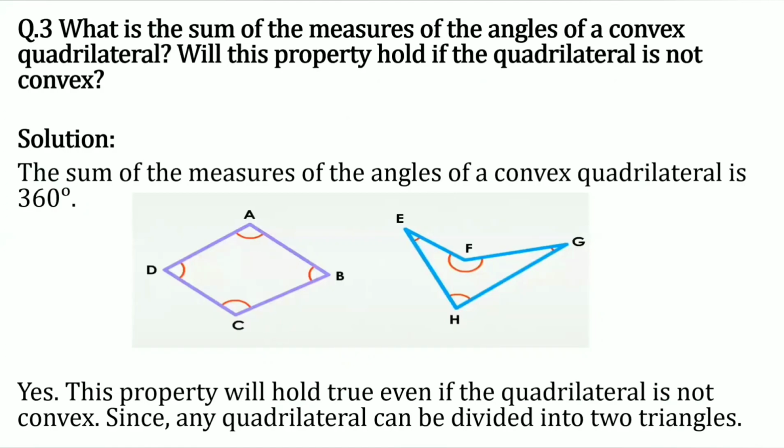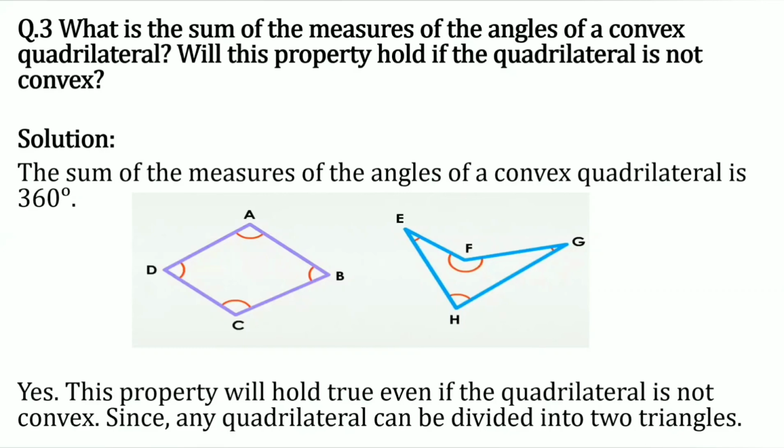Next, what is the sum of the measures of the angles of a convex quadrilateral, and will this property hold if the quadrilateral is not convex? Here we know that the sum of the measures of the angles of a convex quadrilateral is 360 degrees.